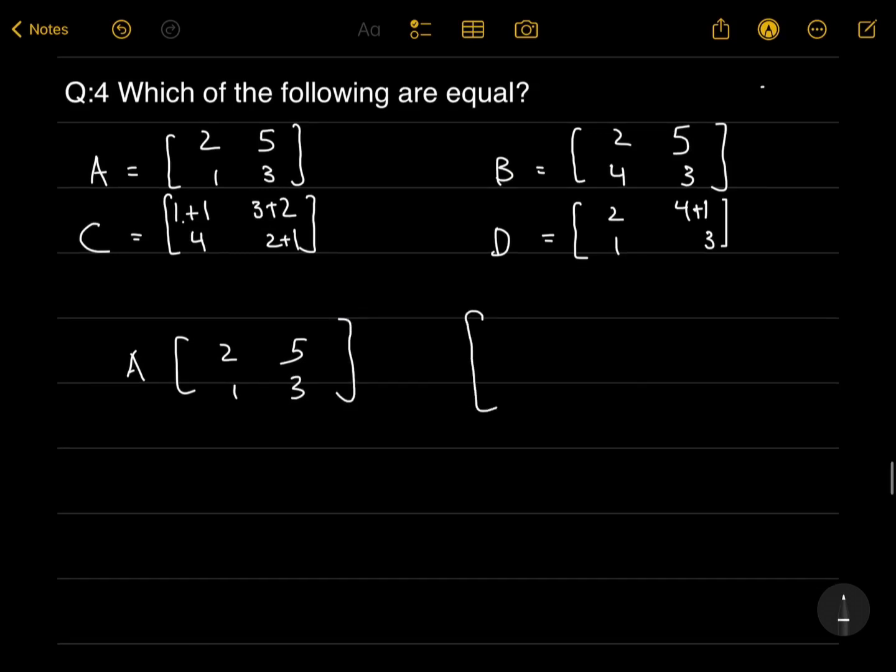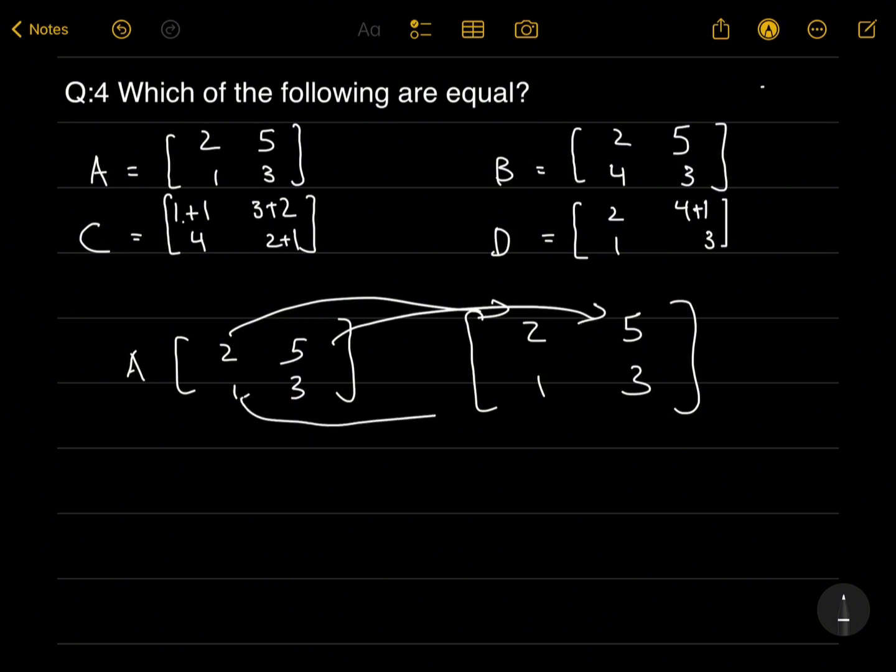Matrix D is 2, 4 plus 1, 1 and 3. We get these equal: 2 is equal to 2, 5 is equal to 5, 1 is equal to 1, and 3 is equal to 3. So we know that A is equal to D matrix.